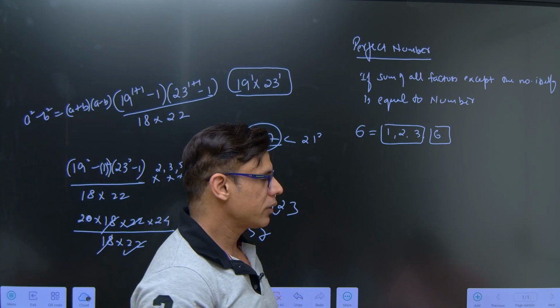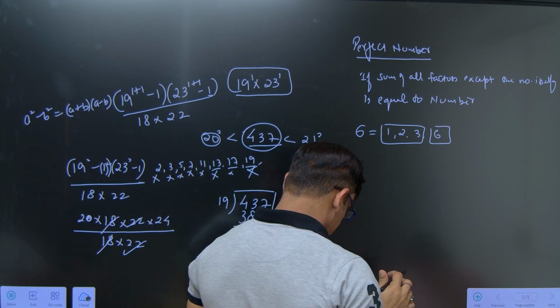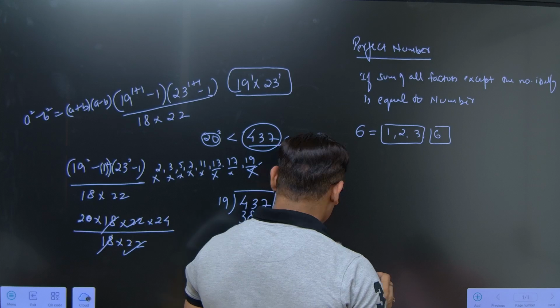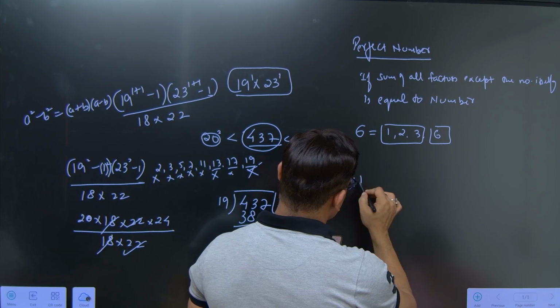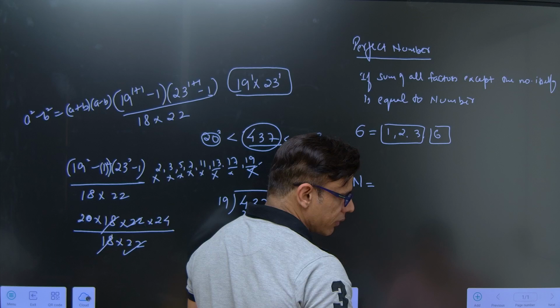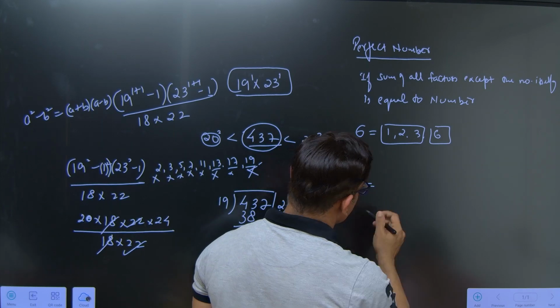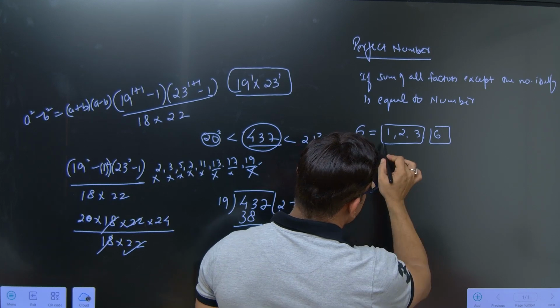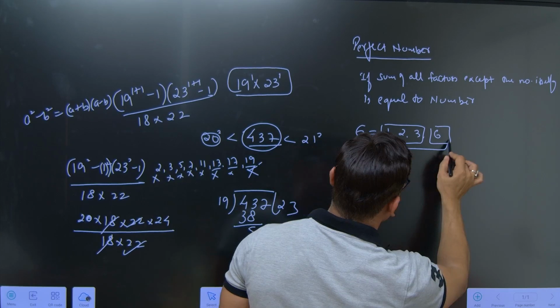It's called a perfect number. Now the next question which we have is, if n is a perfect number, then the sum of all factors of n is equal to how much? So ये perfect number है. इसका sum of factors क्या होगा?